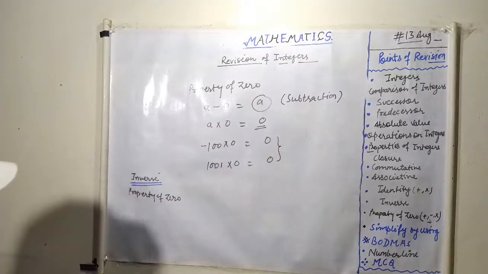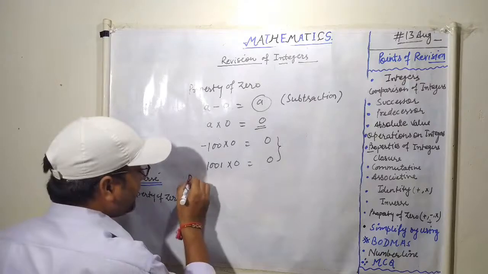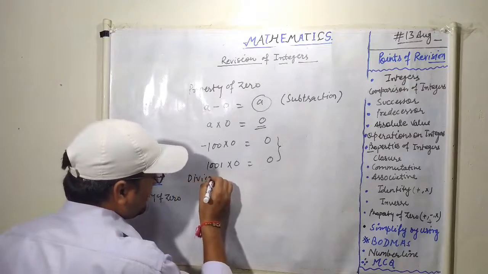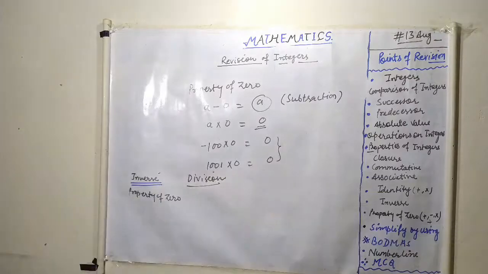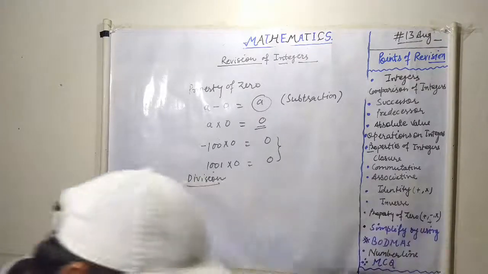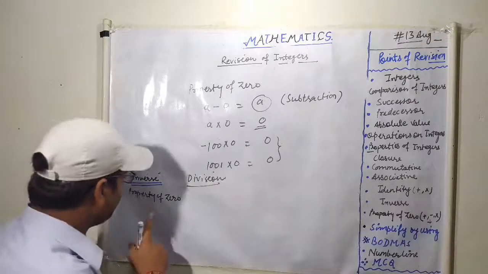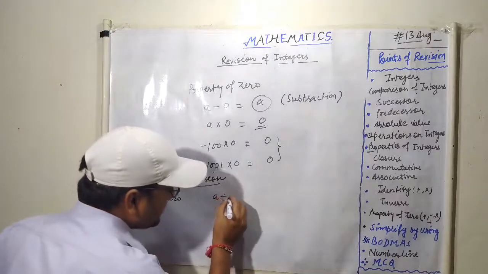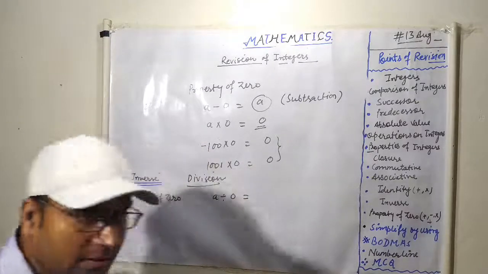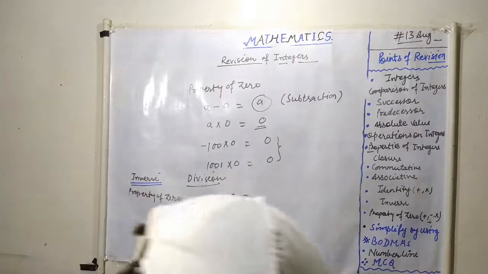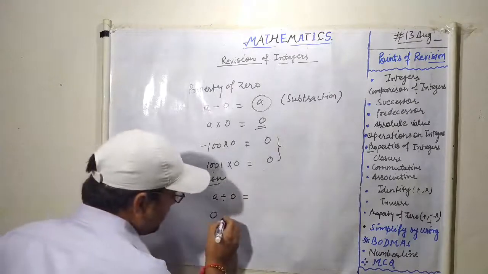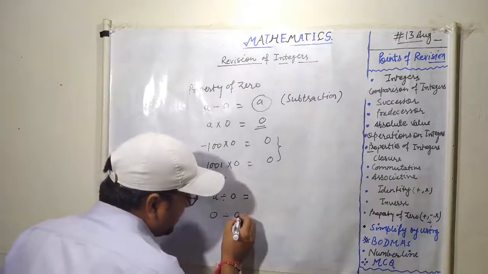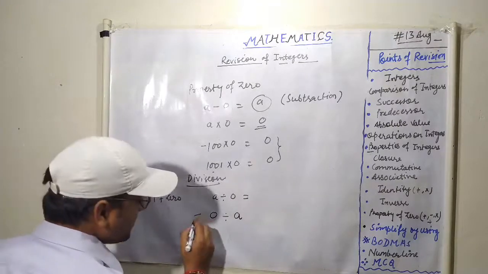Okay. Now, for division, very important, students. If a is any integer and it is divided by 0, or 0 is divided by any integer, first I am going to discuss this one.